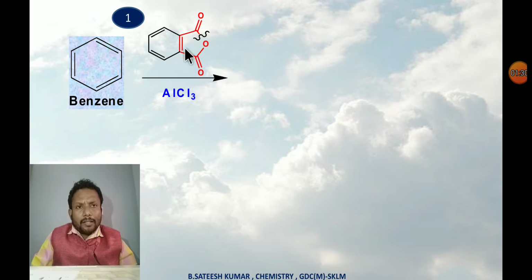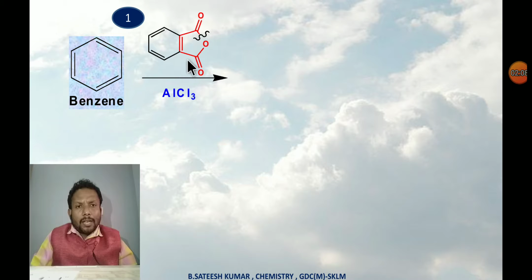You know phthalic anhydride is the anhydride of phthalic acid. Phthalic acid is a dicarboxylic acid, with two carboxylic groups neighboring each other. That is the relation between the two carboxylic groups, 1 and 2. So this dicarboxylic acid easily loses a water molecule in the presence of acid or by heating to generate an anhydride.